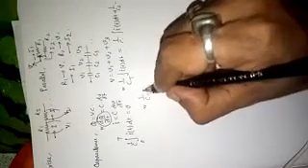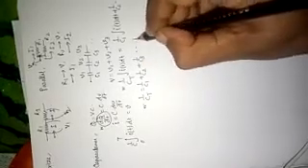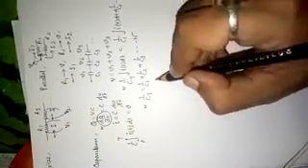So finally it comes as 1 by Ct equals to 1 by C1 plus 1 by C2 plus 1 by C3 for n terms. This is the series combination.